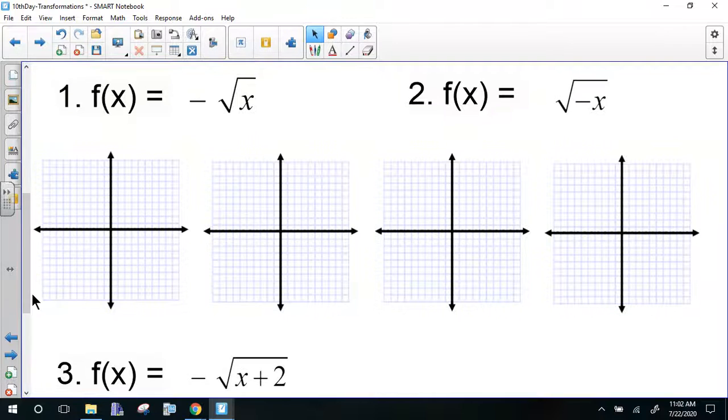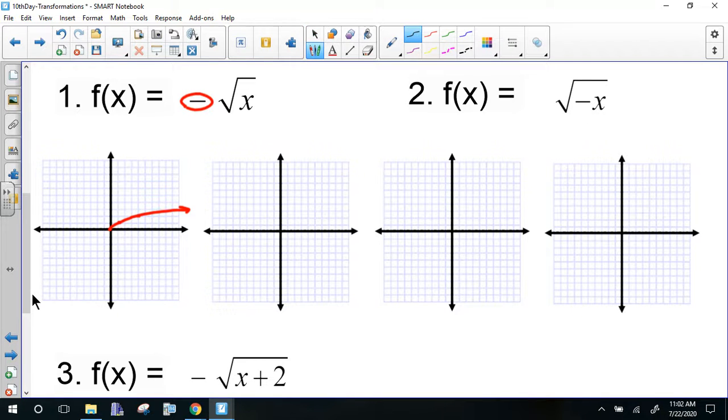So here's an example. My parent function here is the square root of x. So if I plug in some numbers, there's my graph of square root of x. But I got a negative out front. The negative out front is going to flip it over the x.